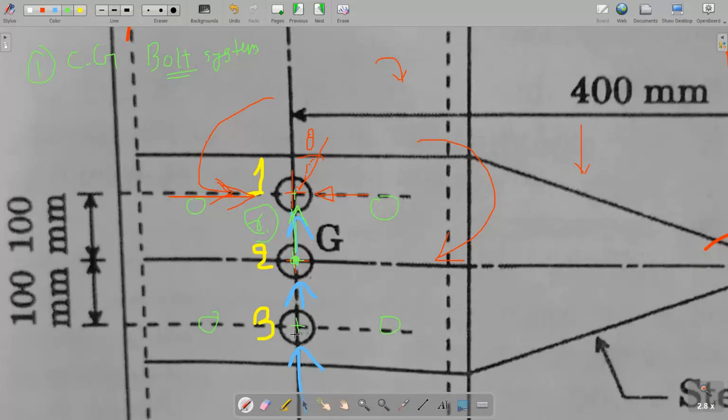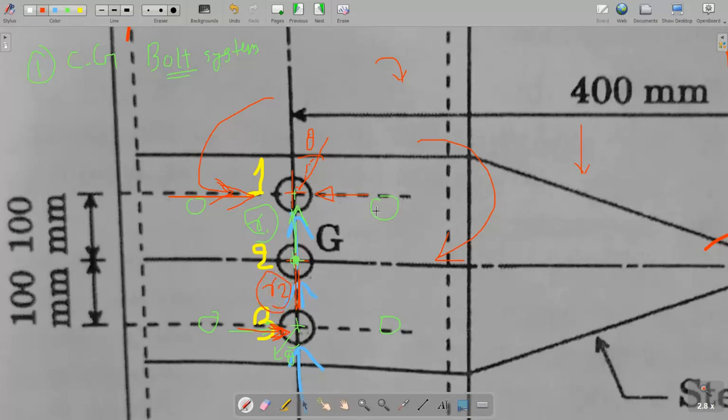Here the bolt is trying to turn outward by the angle theta, so the bolt will try to resist in this direction. The distance between these is called R2.